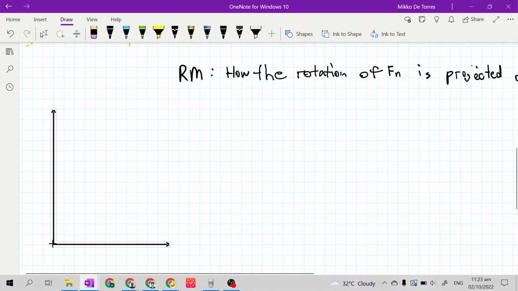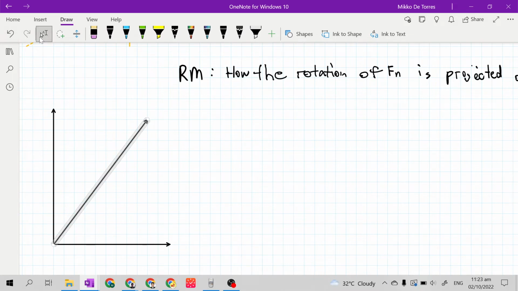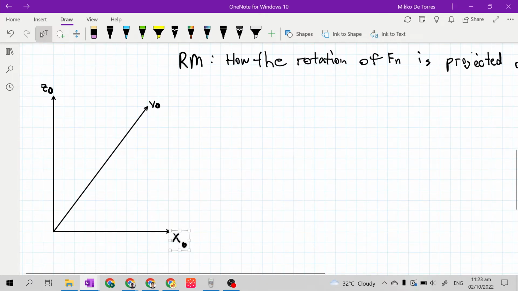Okay, class. So Z0, Y0, and X sub 0. Okay. So we will name this frame as frame 0, because all the subscripts of our axes are 0.